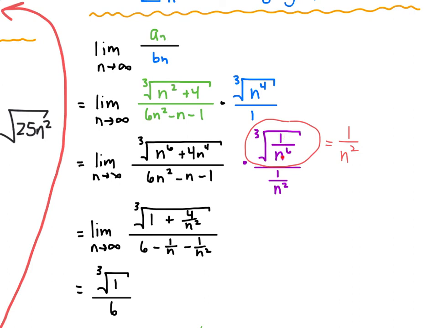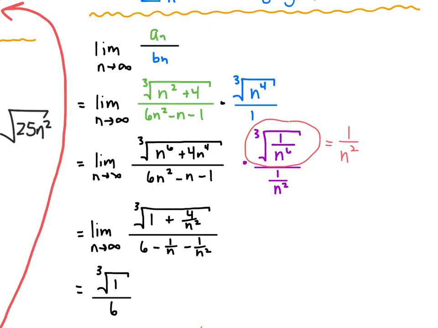So now we're going to multiply 1 over n to the 6th times each of these terms, and we get the cube root of 1 plus 4 over n squared, okay? And then our denominator is going to become 6 minus 1 over n minus 1 over n squared. So now when we use direct substitution, this portion is going to go to 0 along with this portion and this portion.